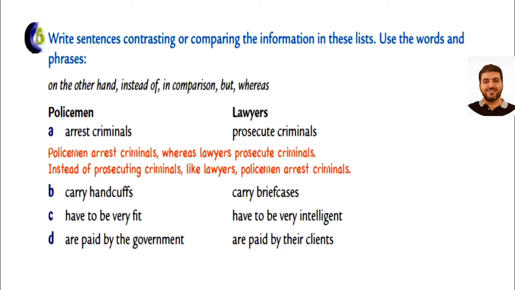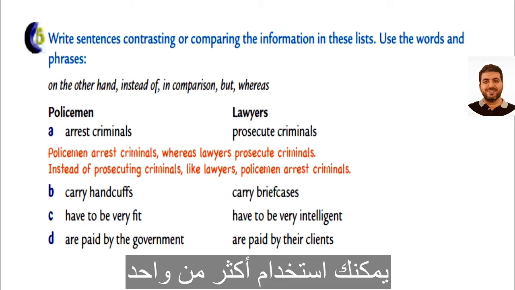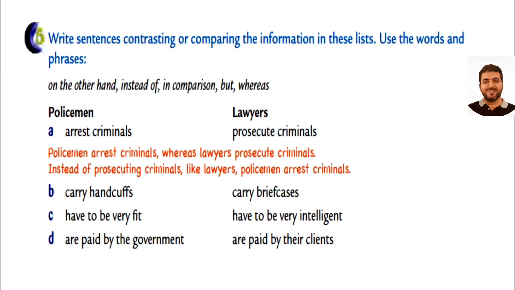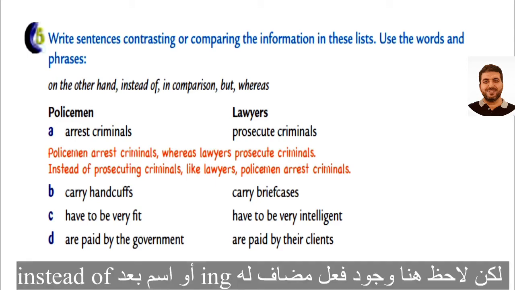So I say, instead of prosecuting criminals, like lawyers, policemen arrest criminals. So I can use more than one. Okay? But I want you to pay attention here. After instead of, we have ing. So I say instead of prosecuting. Okay? So I use ing or a noun.